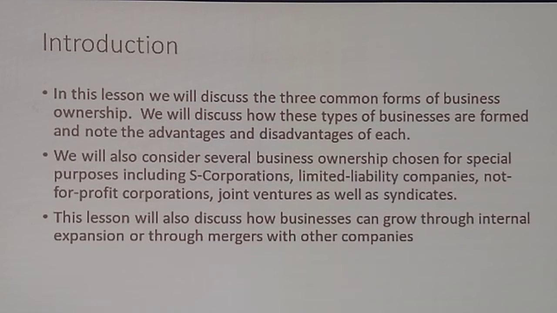We'll also discuss how businesses can grow through internal expansion and through mergers. By the way, please read chapter 4, because what we're doing today is basically just an overview, an outline version. So please read chapter 4.